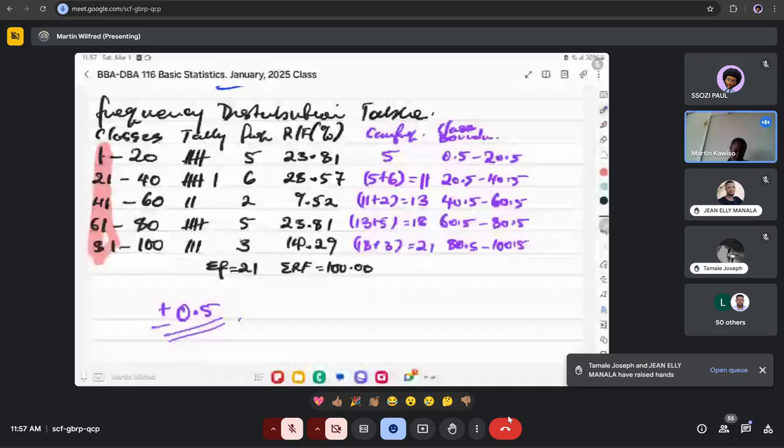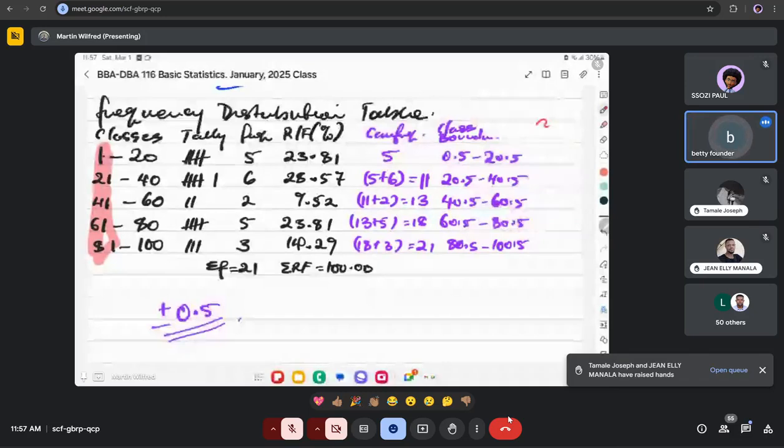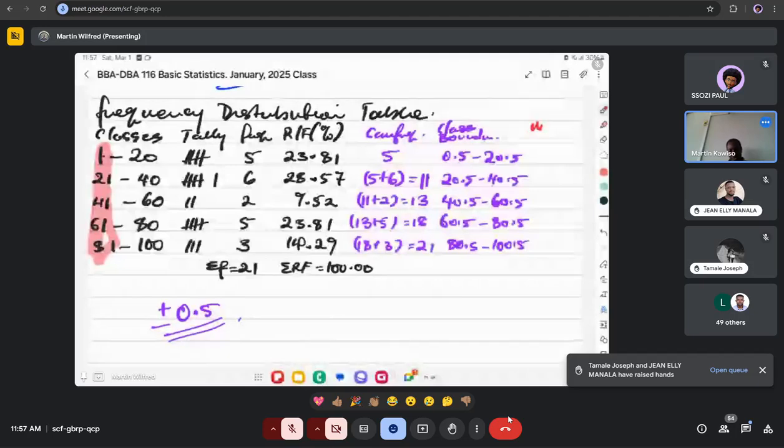Sir, I'm totally lost. 0.5 to 20.5, how do you generate the points? We said we map minus 0.5 to the lower limit values, and we map plus 0.5 to the upper limit values. So what is your first value?